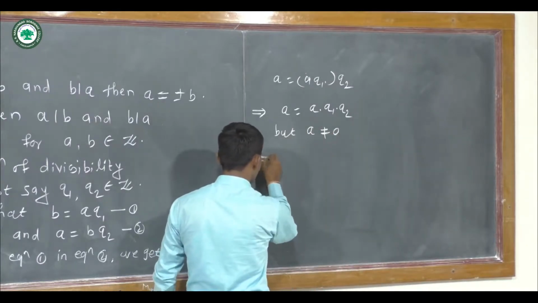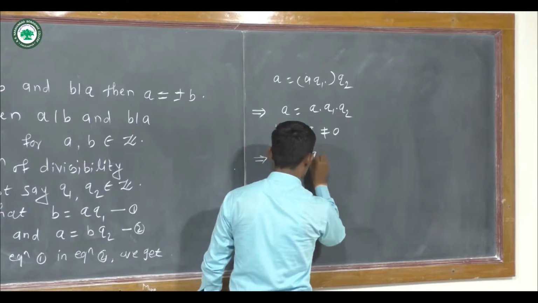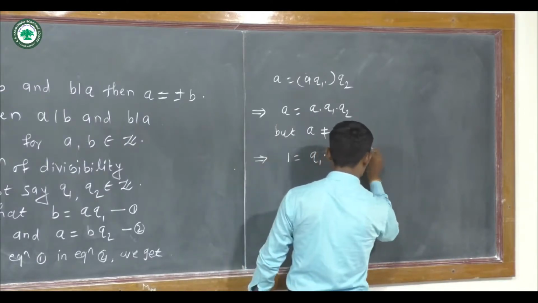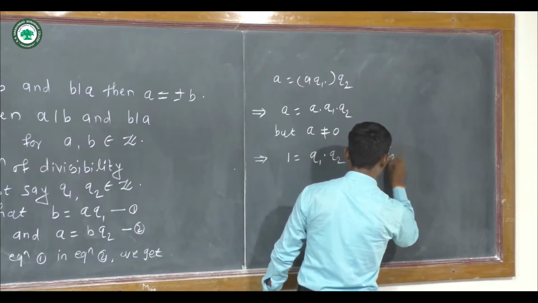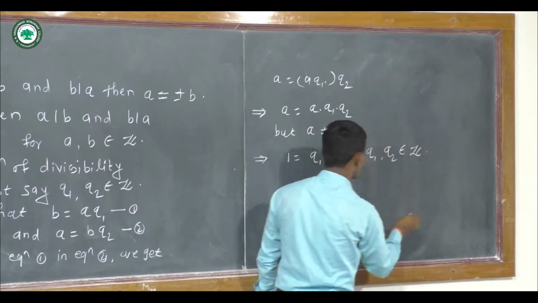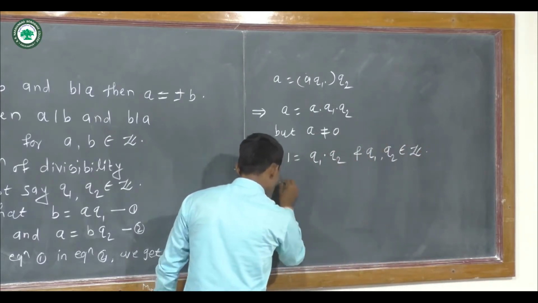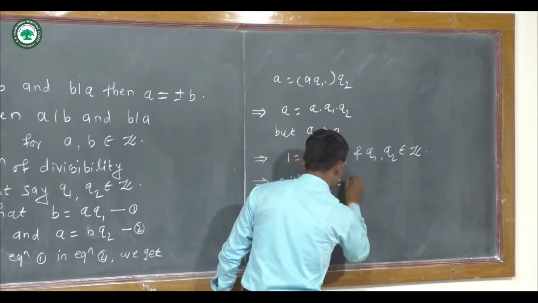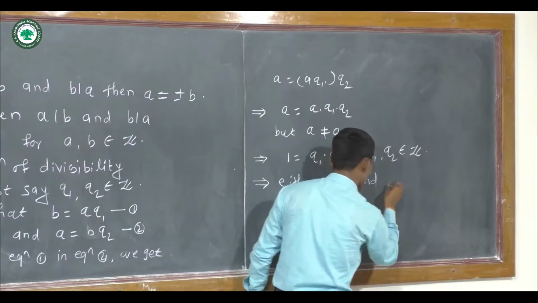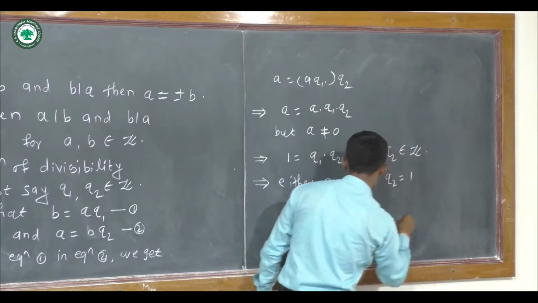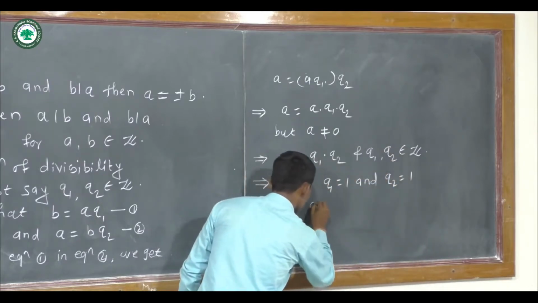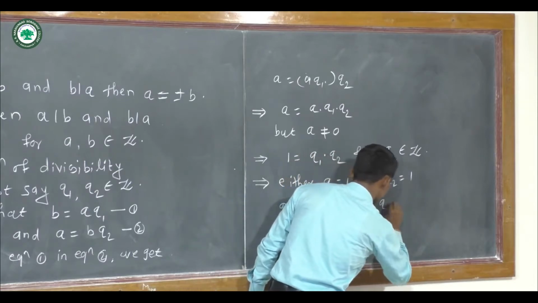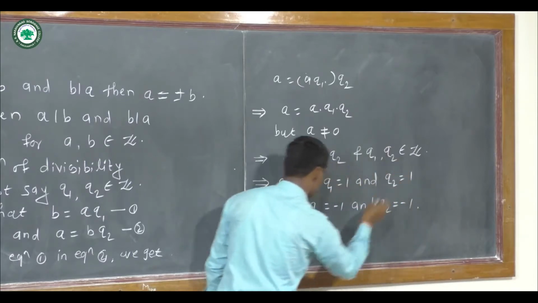We get 1 is equal to q1 into q2, and q1 and q2 both belong to z. This implies either q1 is equal to 1 and q2 is equal to 1, or q1 is equal to -1 and q2 is equal to -1.